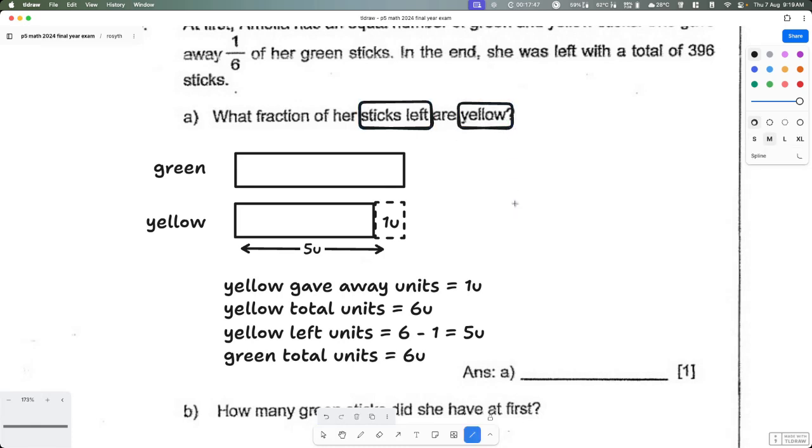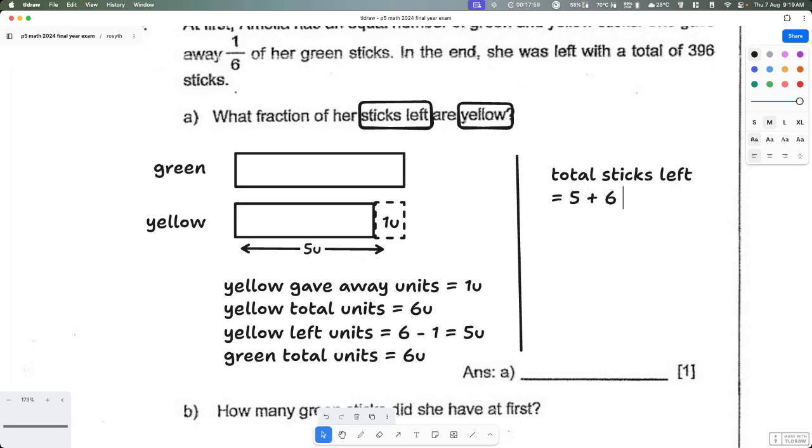In this case, we will say total sticks left is equal to 5 plus 6, which is 11. Therefore, the fraction of sticks left that are yellow is 6 over 11.